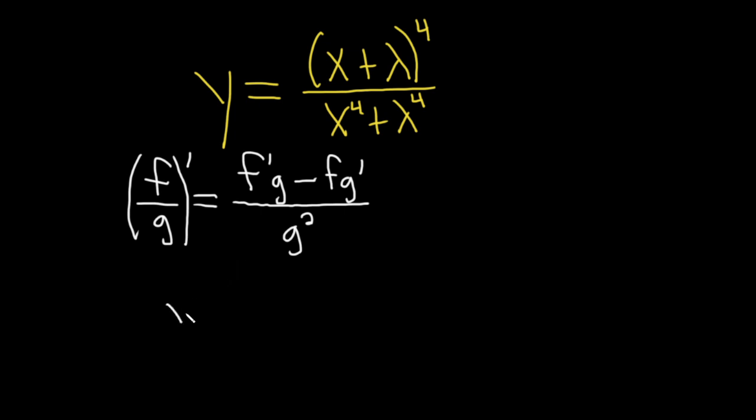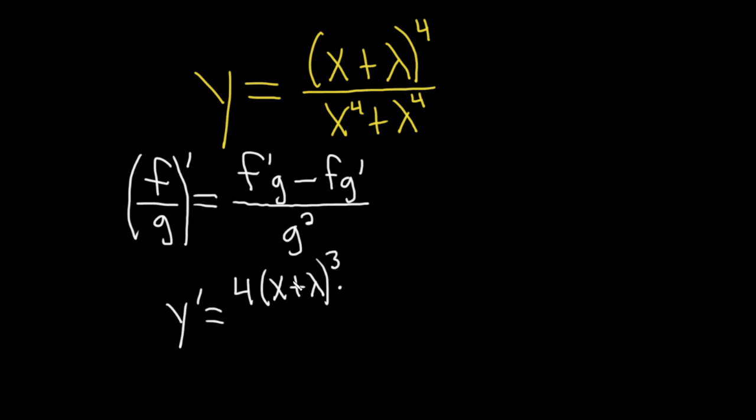Let's take this derivative. So y prime is equal to, so the derivative of the top is going to require a chain rule. So we have something to the fourth power, so we'll bring down the 4, and then the inside piece is x plus lambda, and then you subtract 1 from the exponent. 4 minus 1 is 3.